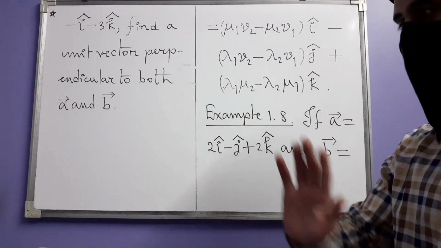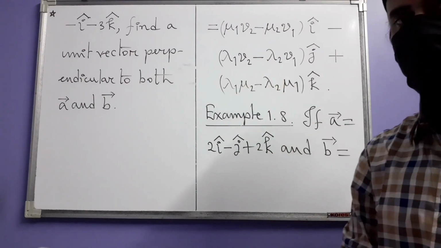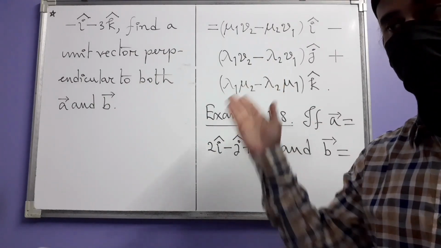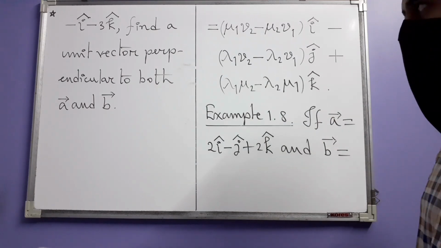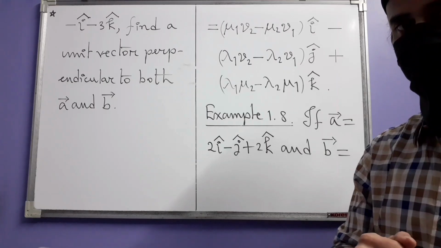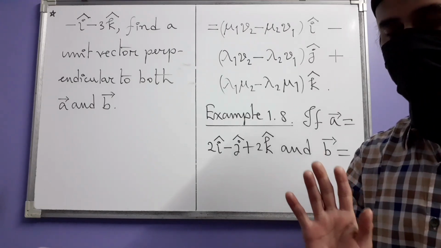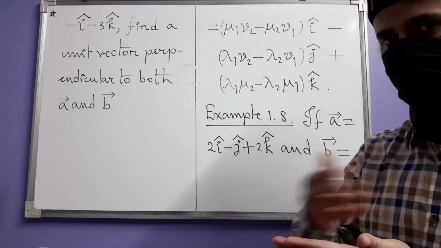But before we solve this example, let's go back to the fourth property. How will you prove this? Well, to prove this, you first write what a1 and a2 are, because each one of them is a linear combination of standard basis vectors i, j and k, so you write them.